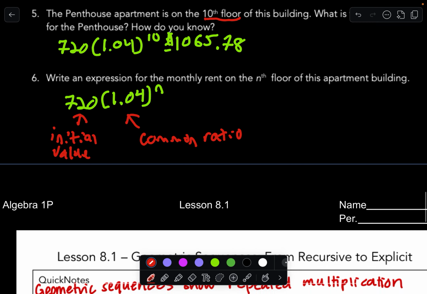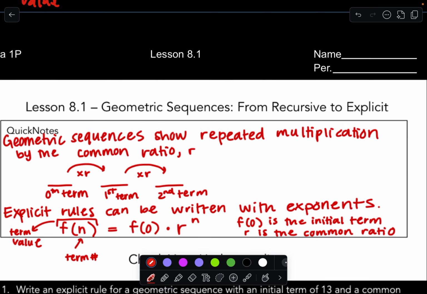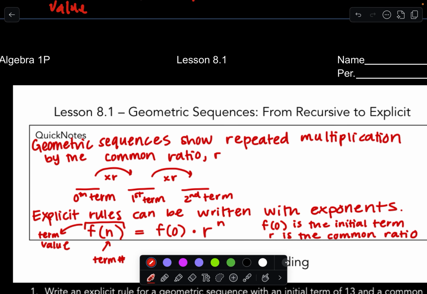All right? Now, let's go through the CYU, the quick notes, the important ideas. First of all, geometric sequences show repeated multiplication by the common ratio r.